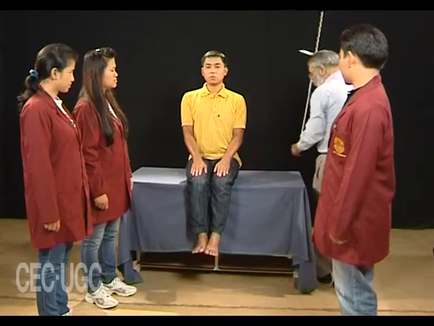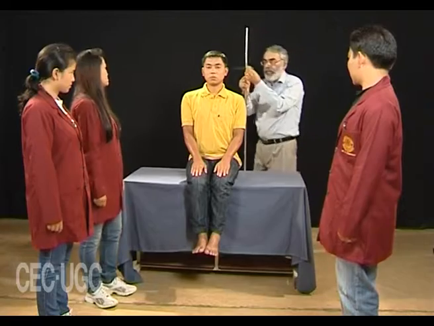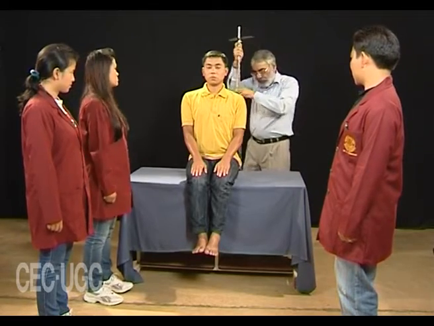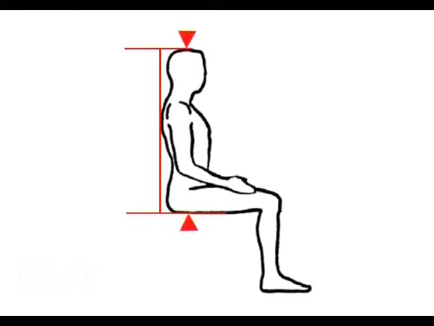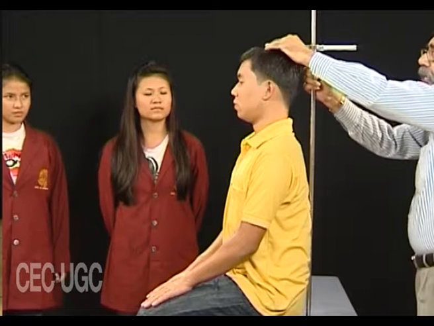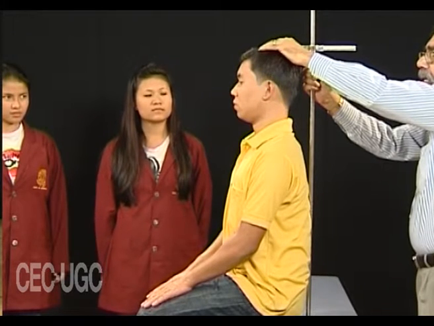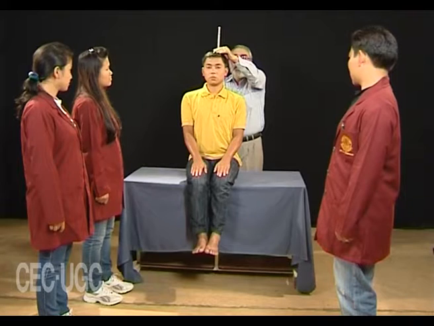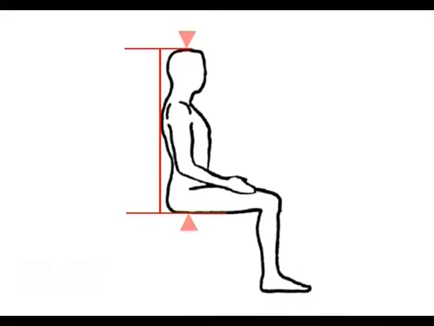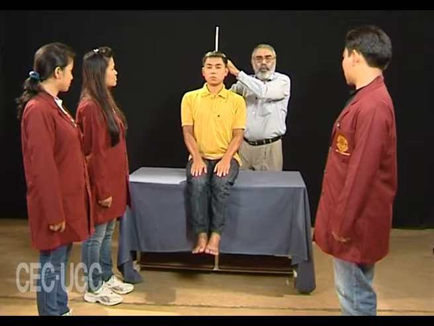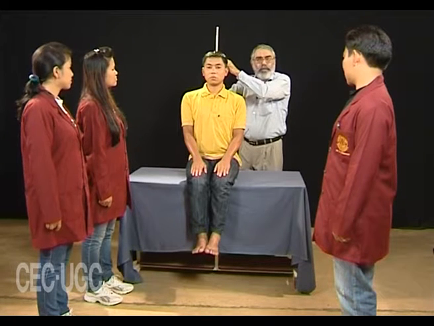Now we place this instrument at the back of the subject in such a way that the rod is coinciding with the median sagittal plane, and after ascertaining its verticality, we bring down the crossbar and get in touch with the highest point on the head, that is vertex, and then read the observation in the window right here, as we did for height vertex.